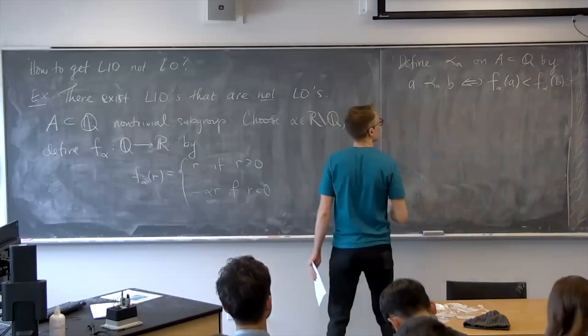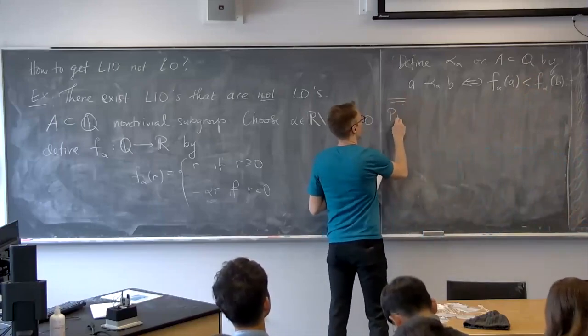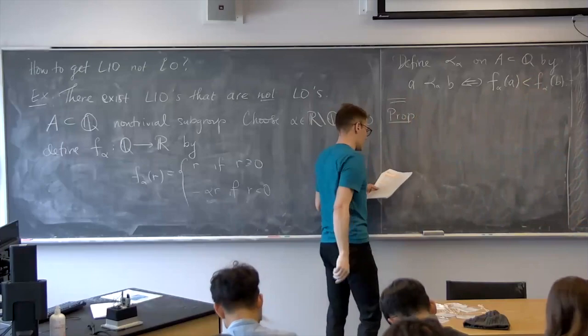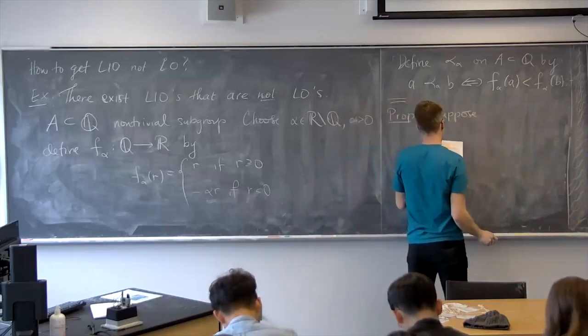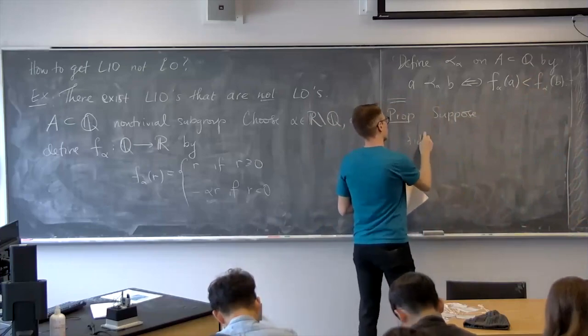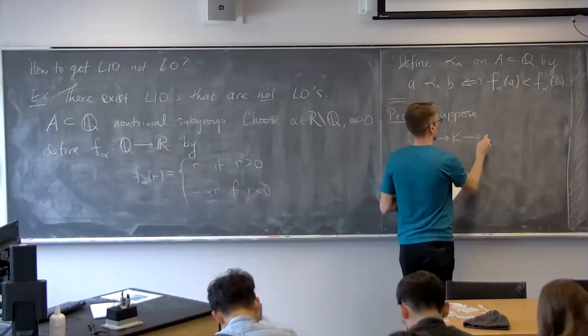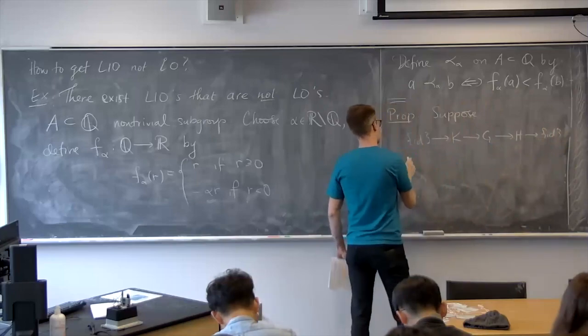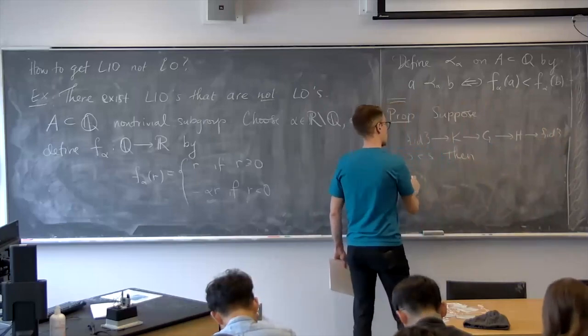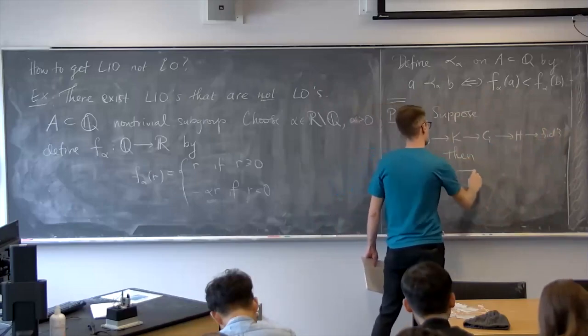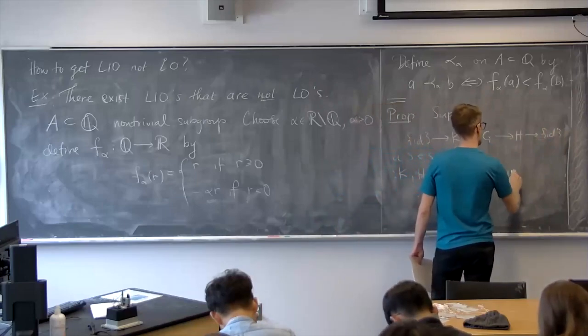And I'll just say the reason that it fails is because if you have a short exact sequence like this, then K and H being LIO implies G is LIO.